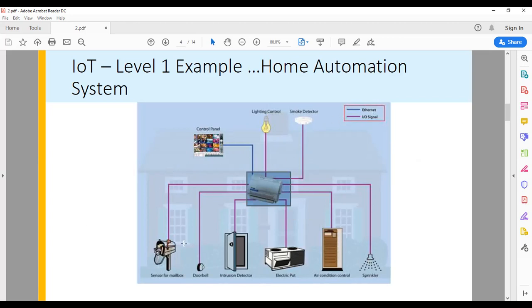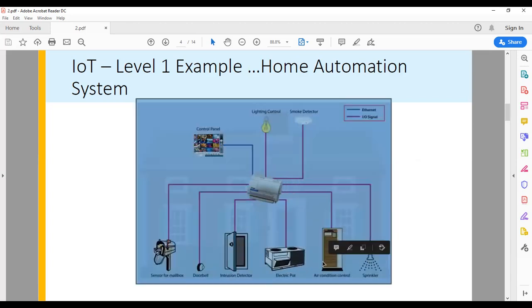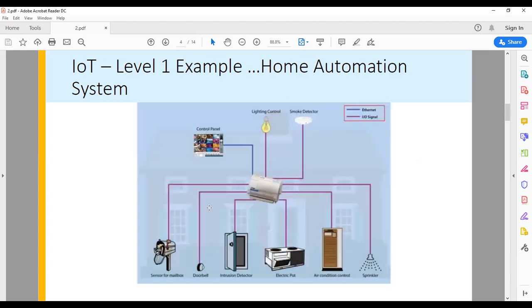You can see the different gadgets controlled, like lighting, smoke detector and air conditioner. These can be controlled by only a single node. So this is the basic level 1. I hope you understand.